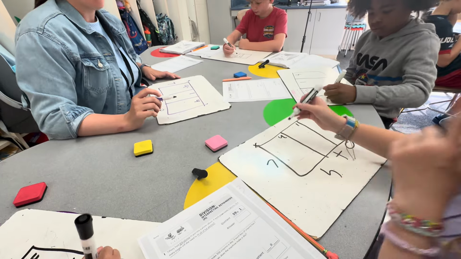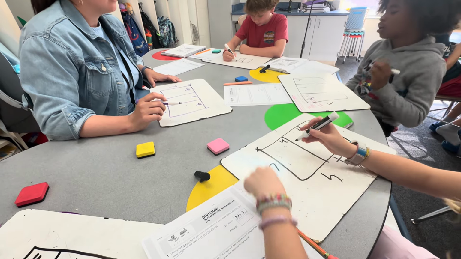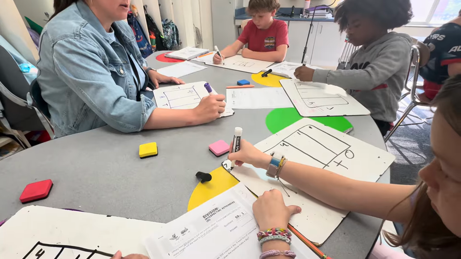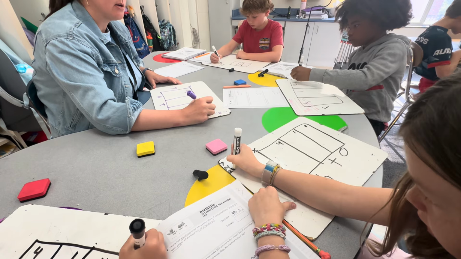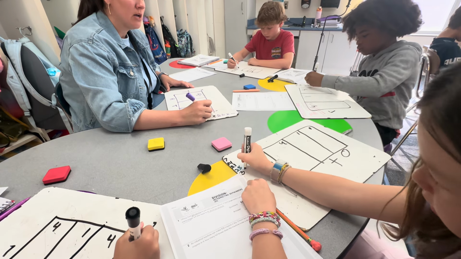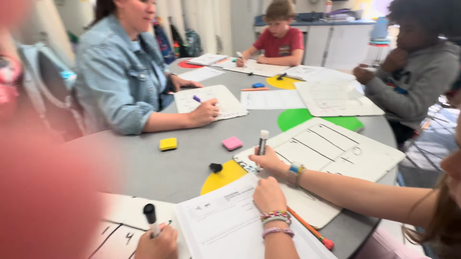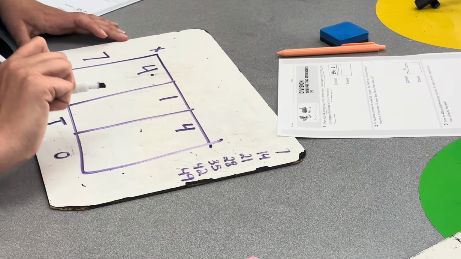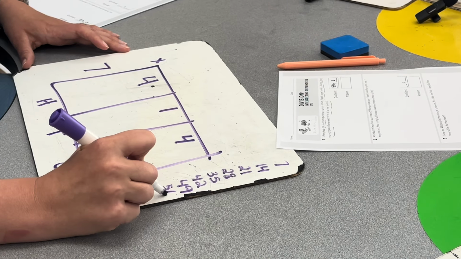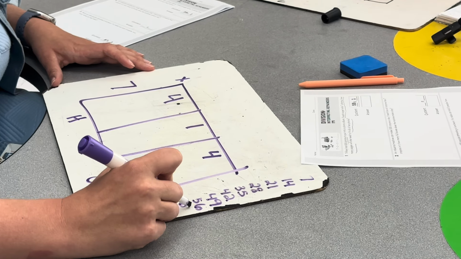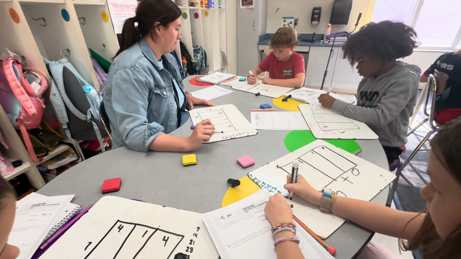Okay, and what do we always make sure we list? Our multiples. 7, 14, 21, 28. Let's do this one together, guys. 42, 49, 56, and what? 63.